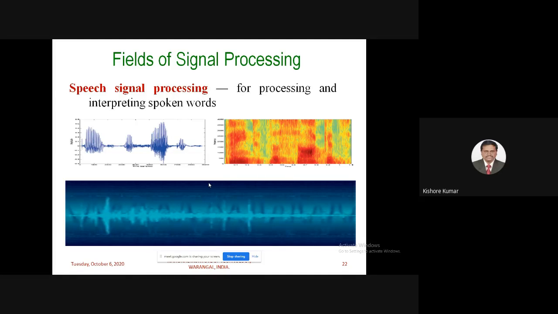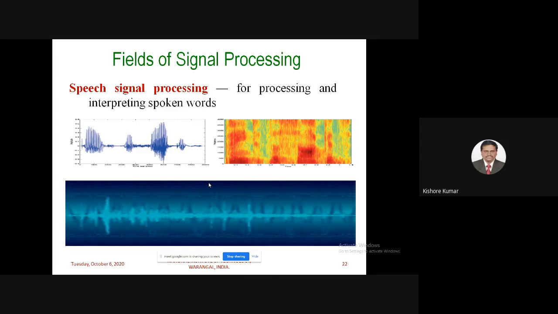So where can I use signal processing? In speech signal processing, there are two areas that I can use. One is speech analysis. Speech analysis means we need to find out whether the speech contains voiced, unvoiced, or silence.